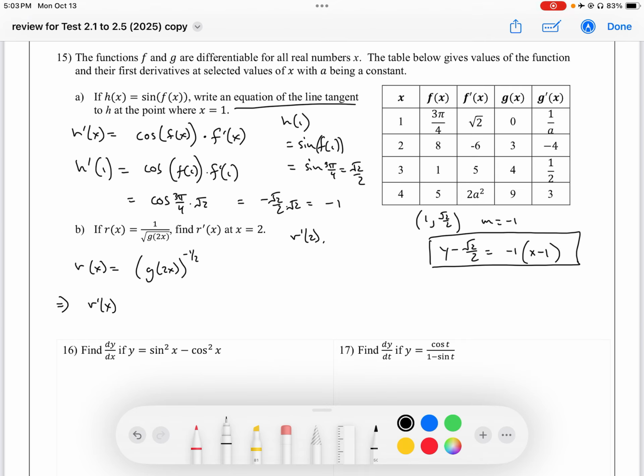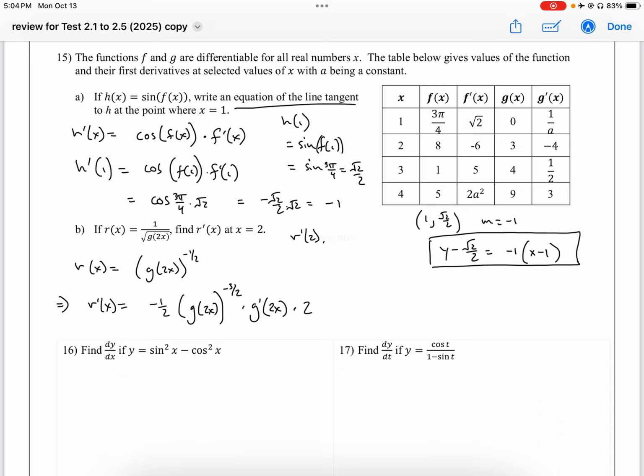So r prime of x in this case is going to be -1/2 times, leave the inner function alone, g of 2x to the -3/2. Now I need to multiply by the derivative of the next layer, which is g prime of 2x. And finally, I need to multiply by the derivative of the last layer. And the last layer is 2x, so I got to multiply by 2.